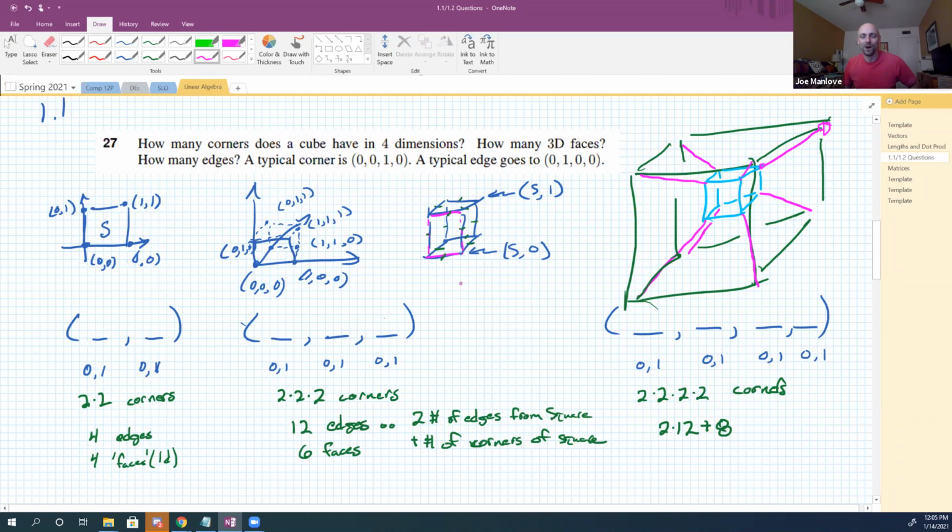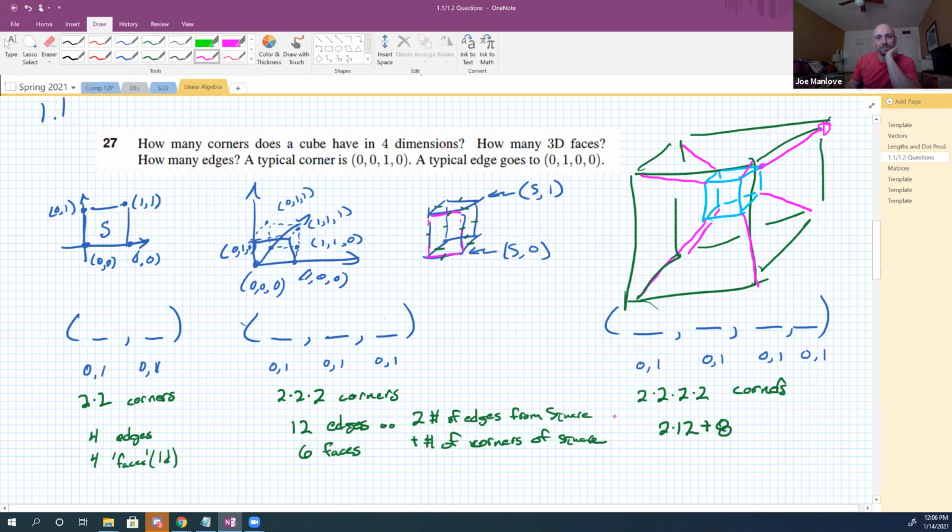Is anyone buying that? I don't see how it still behaves with the transformation between square and cube. Yeah, that's fair. Okay, so another way we could probably get at this is we could figure out how many edges you need to bind a 3-dimensional face.